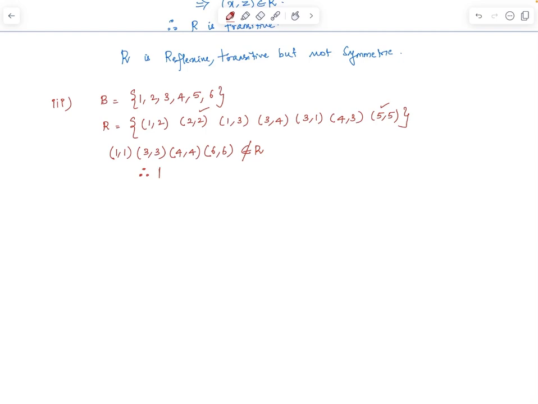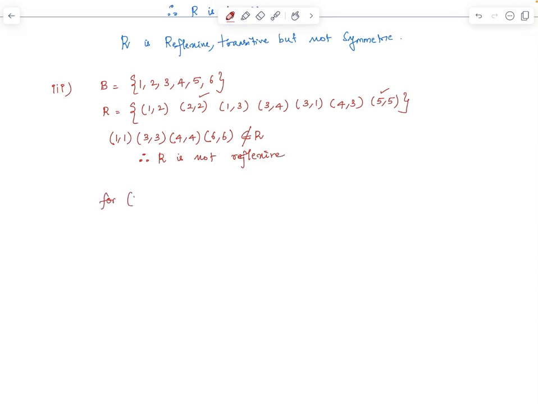Therefore, R is not reflexive. For (1, 2) in R, (2, 1) is not present in R. Therefore, R is not symmetric.